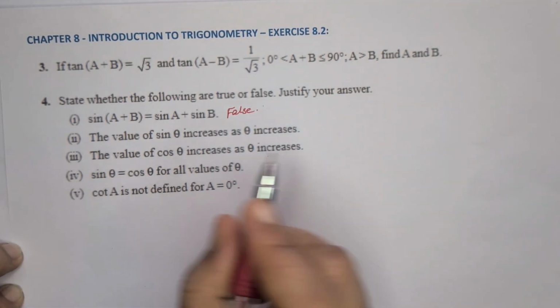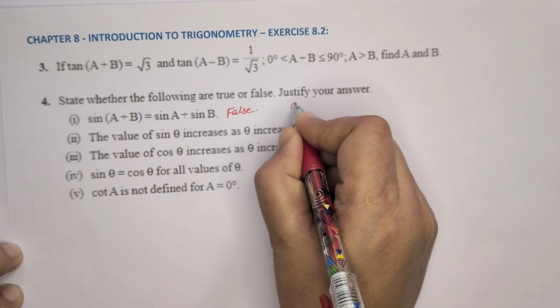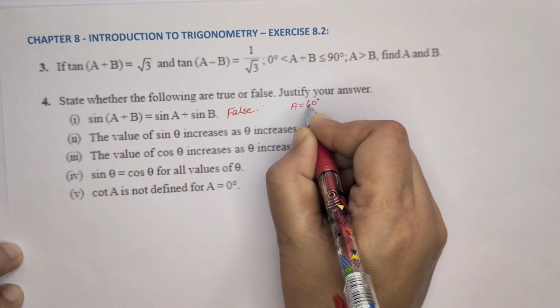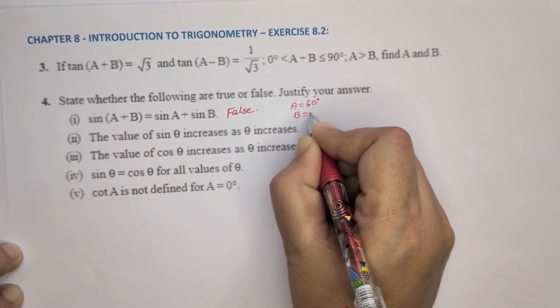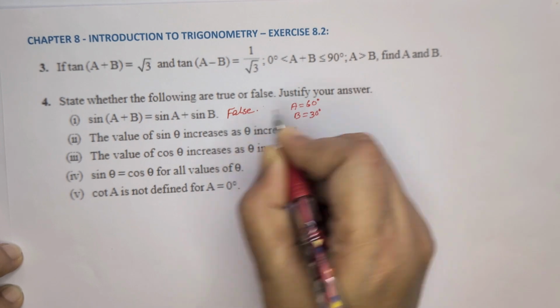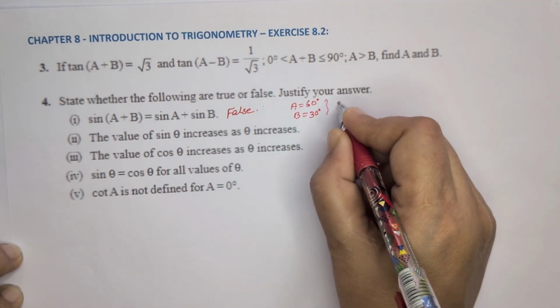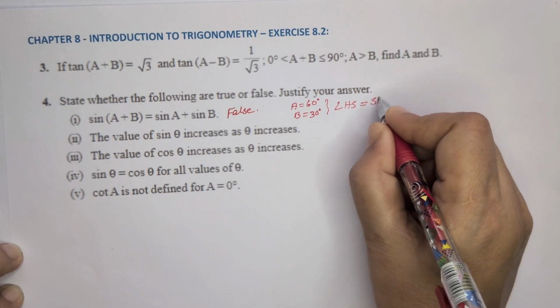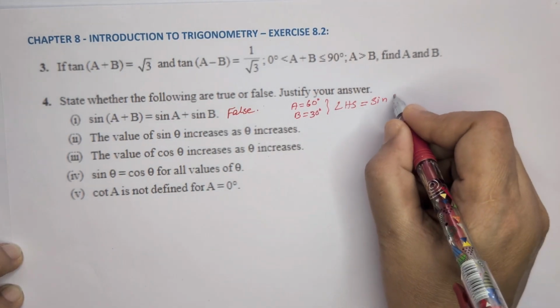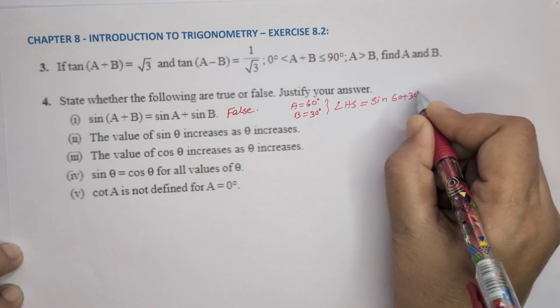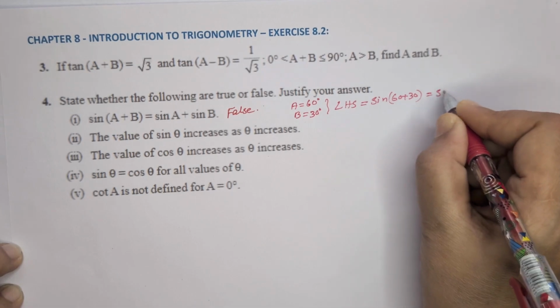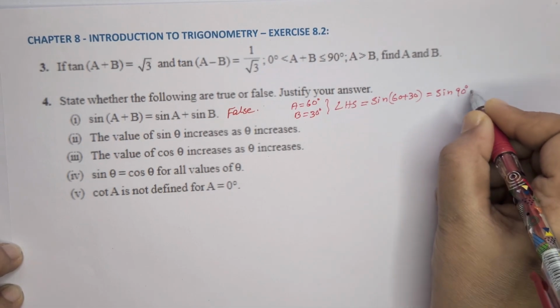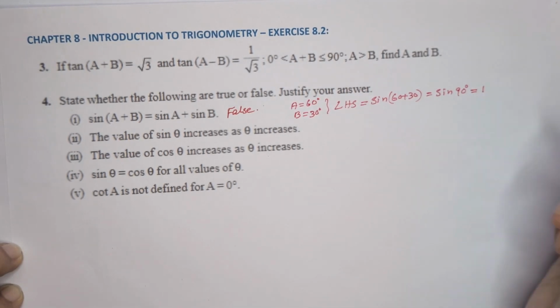For example, if we are taking A as 60 degrees and B as 30 degrees, here the LHS is equal to sine 60 plus 30, A plus B. 60 plus 30 means sine 90, and sine 90 is equal to 1.